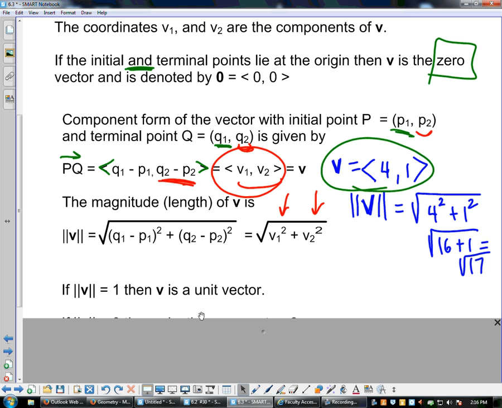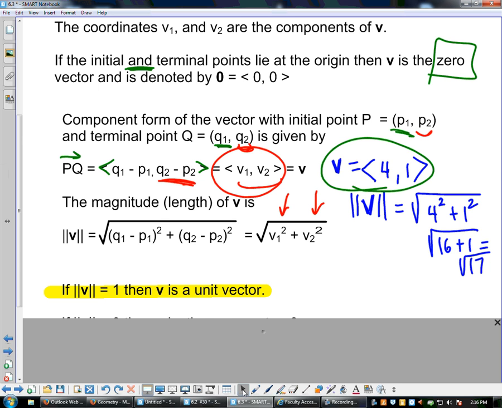If the magnitude of vector V is equal to 1, then vector V is said to be a unit vector. In other words, if your vector's length is exactly 1 unit, it's a unit vector.